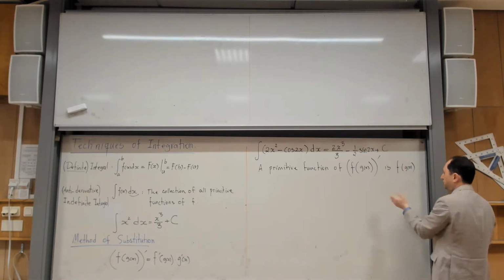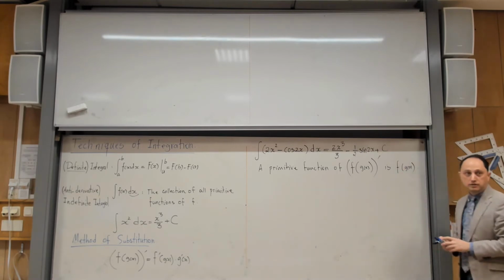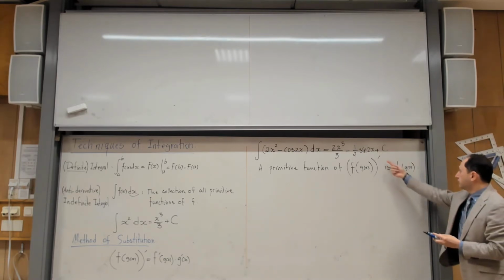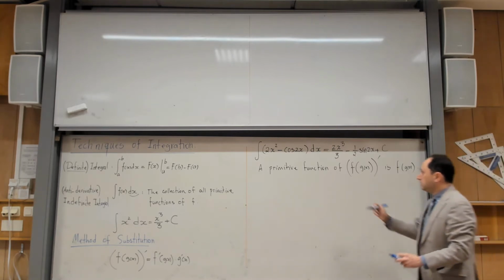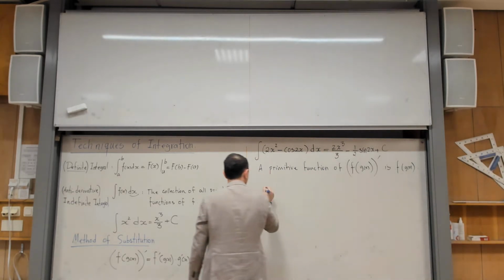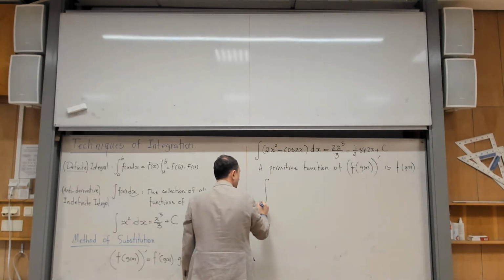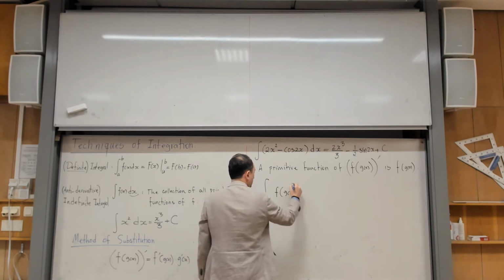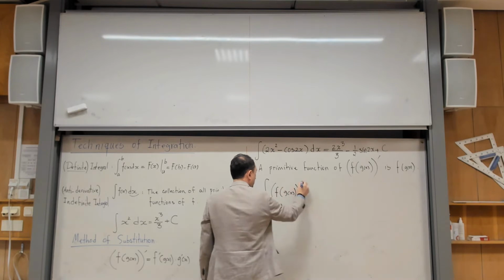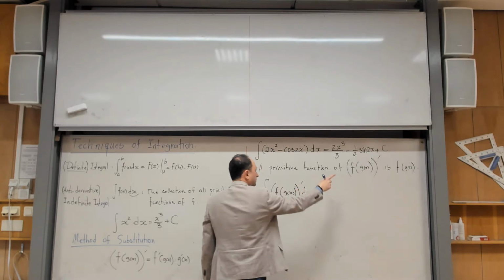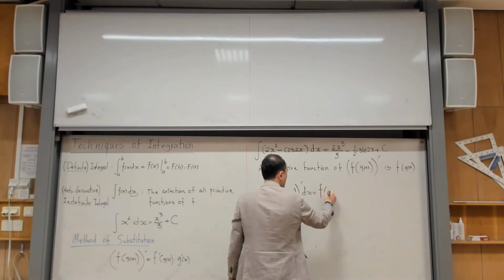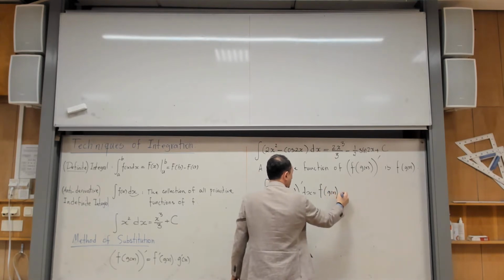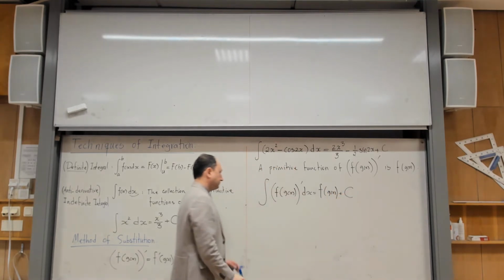So it is very clear by definition that is your function, yes? If I take the derivative of this function, this becomes. So in this new language, I can say that the integral of this combination is equal to that. But of course, I have to add a constant at the end.